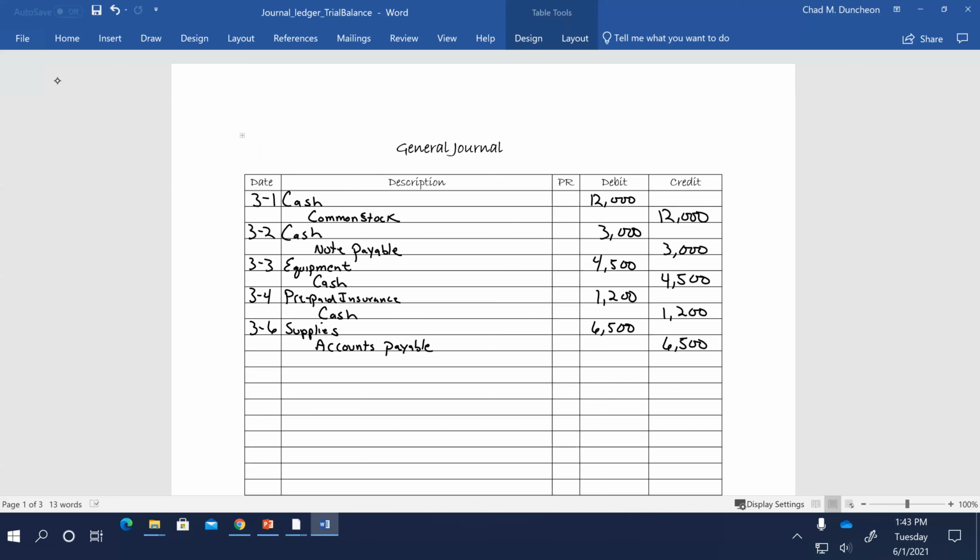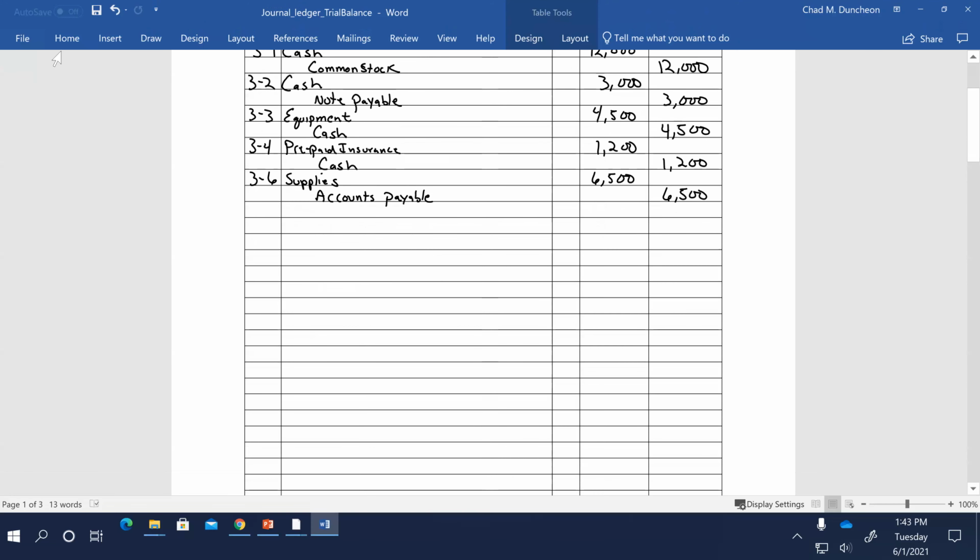Okay, number 6. On March 10th, we provided advertising services to Miami Valley Products in exchange for $8,800 in cash. Right, so we provided a service here and we received cash for it. So when we're analyzing this transaction, we notice that our assets, or specifically the account cash, is going up.